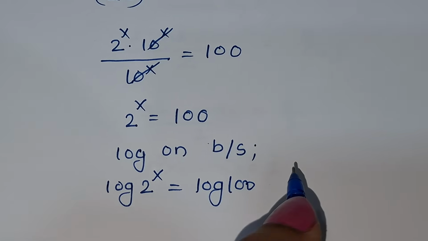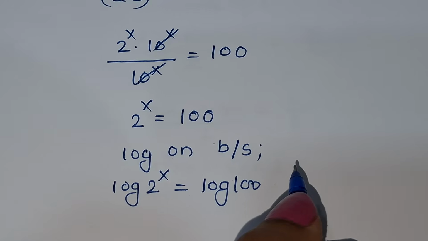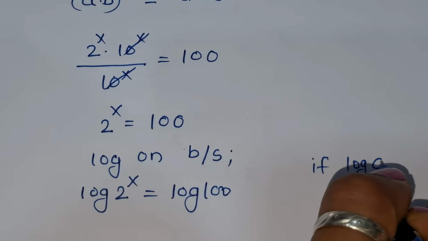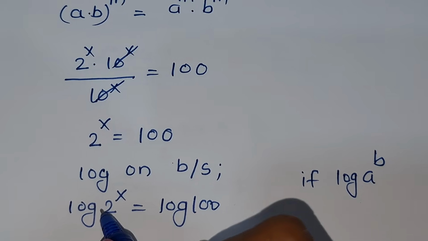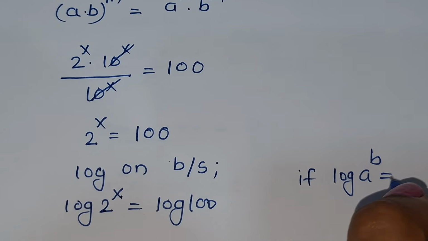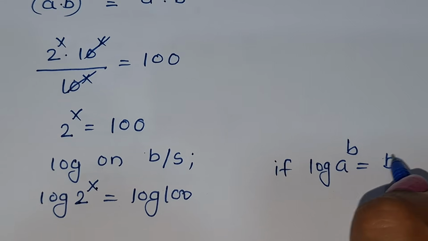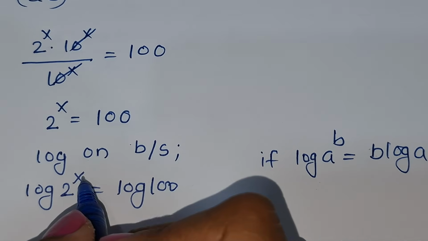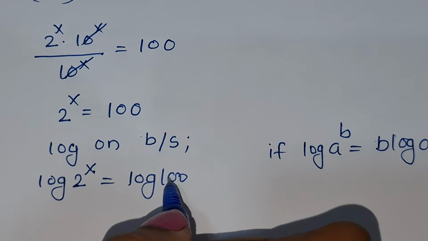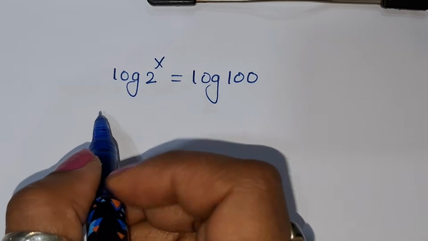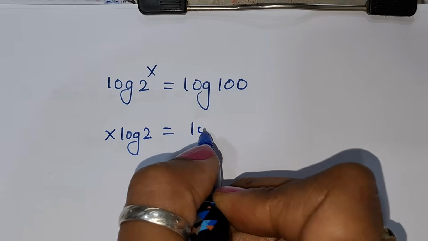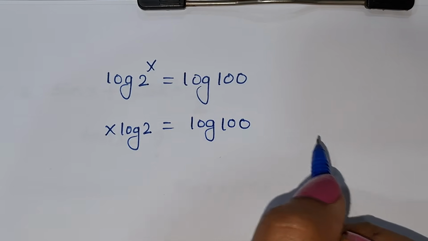We apply the formula: log of a to the power b is b times log of a. So it becomes x log 2 is equal to log 100.